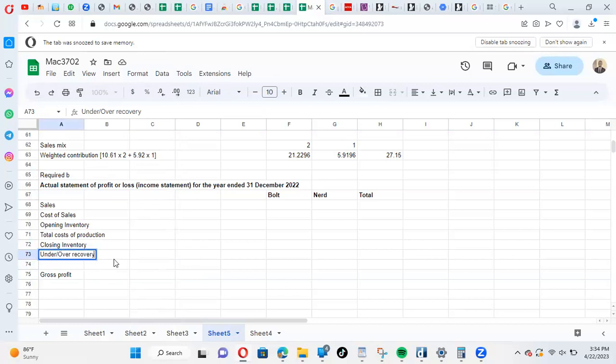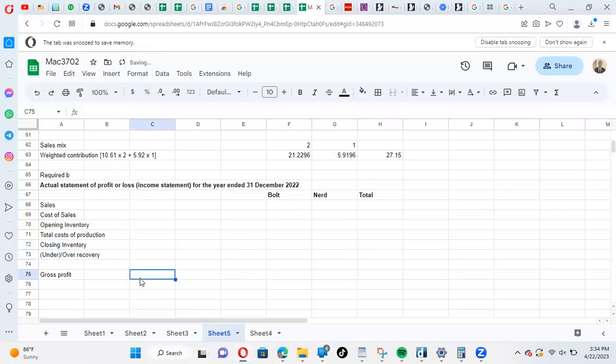Let's see how we are going to work this out. Be careful about the figures, whether we're adding or subtracting. By definition, an under recovery means we under absorbed our expenses, so we should add up our expenses. Here we can make it negative as an expense.